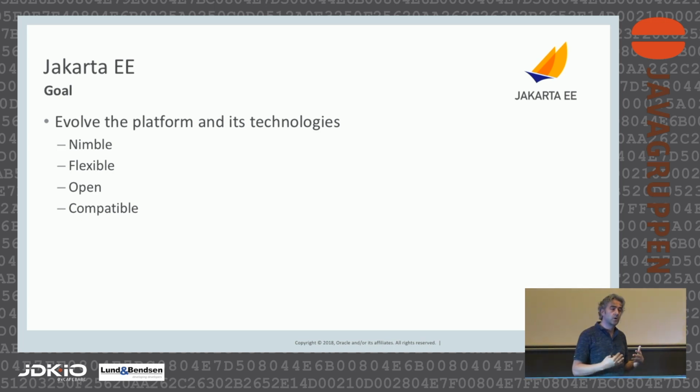Also, being more cloud native, so you would want to deploy Jakarta EE applications on top of a cloud provider. There are a lot of things that might be done at the platform level, those kinds of things. So this is really the goal of Jakarta EE, basically evolve the platform to make sure that it can stay relevant for the next 10 to 15 years to come.